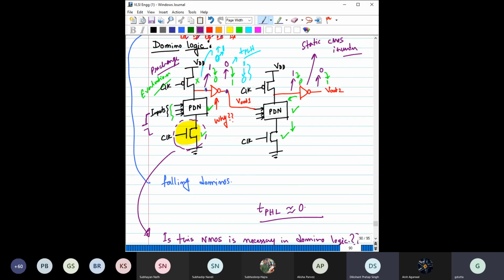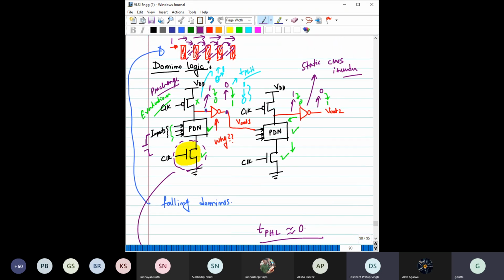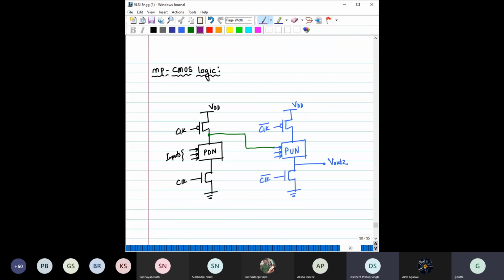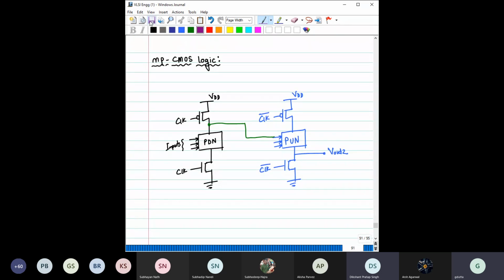So that issue, cascading different dynamic logic, can be solved using a domino logic, right? Similarly, another logic has been proposed, which is called the NP CMOS logic.